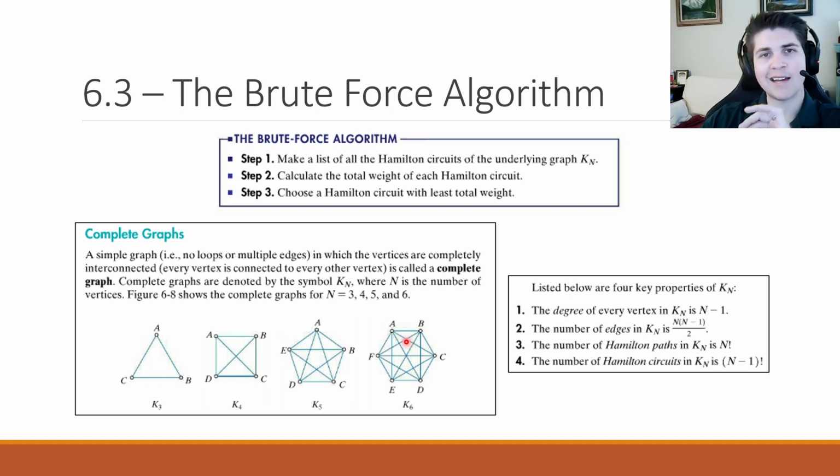Also, if we were going back into chapter 5 and talking about Euler circuits, notice that this graph would not have an Euler circuit because all the vertices would be degree 5, which is odd. But K5 would have an Euler circuit because every vertex is degree 4. 4 is even, and even is good.